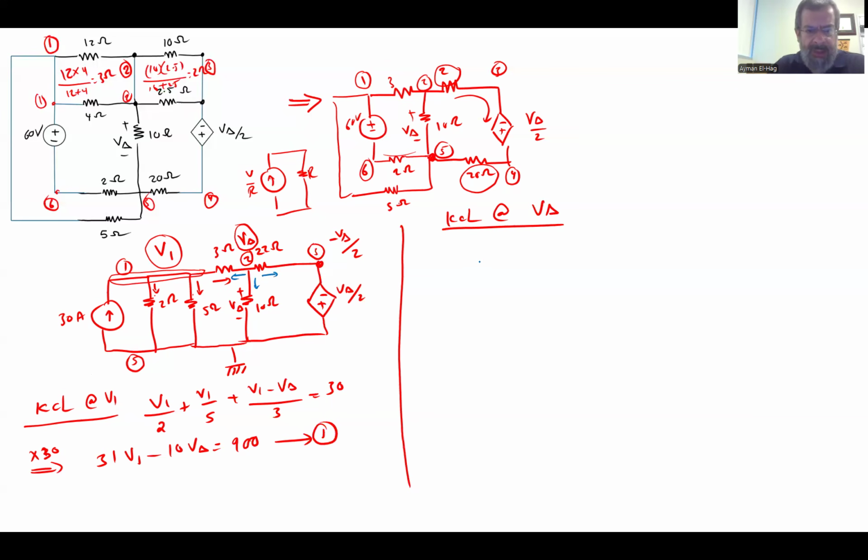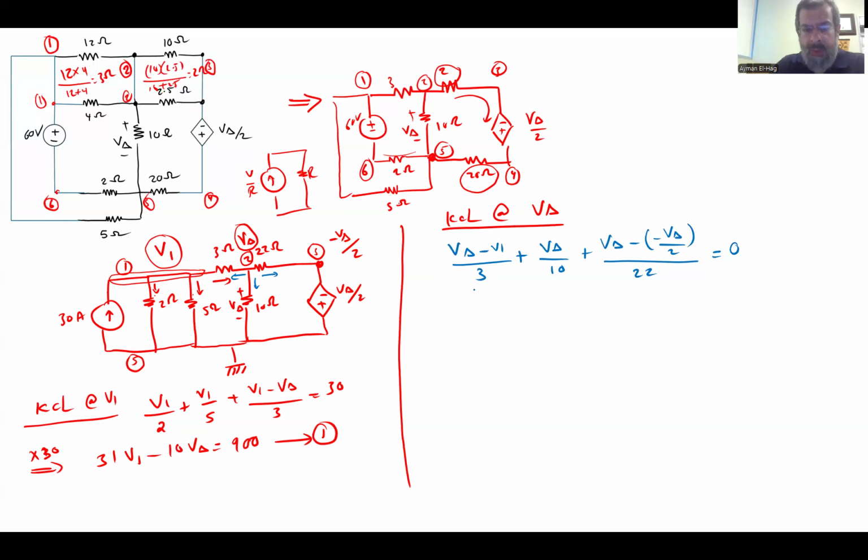So to the right, it is basically V delta minus V1 divided by 3, plus down V delta divided by 10, plus V delta minus V delta divided by 2 divided by 22, equal to 0. 1, 2, 3 elements. Okay.